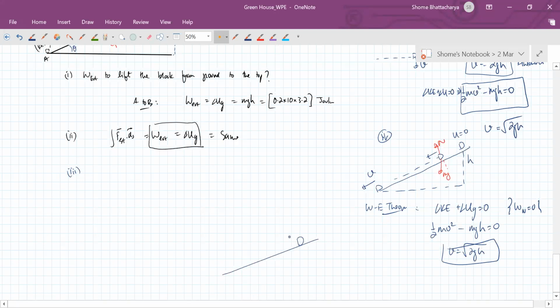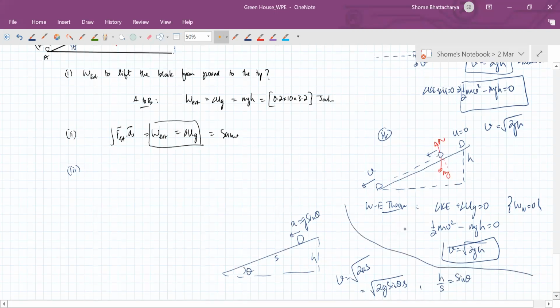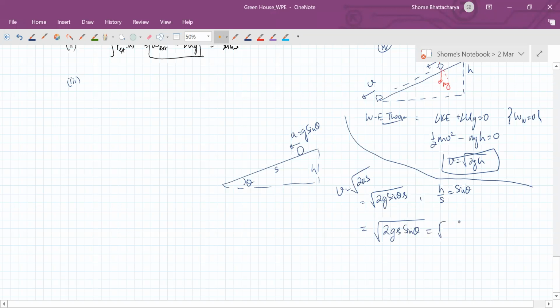Or you can also use kinematics. This time when you use kinematics, your acceleration will be g sine theta. So v is equal to square root of 2as, and here we can see h by s, so square root of 2gs sine theta is the same thing as square root of 2gh.